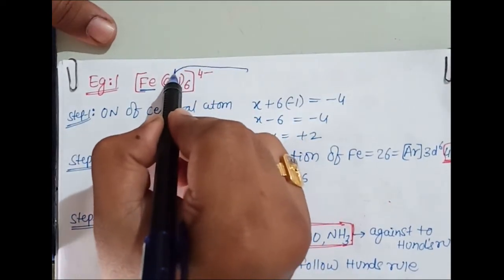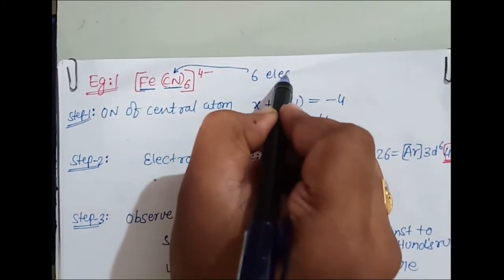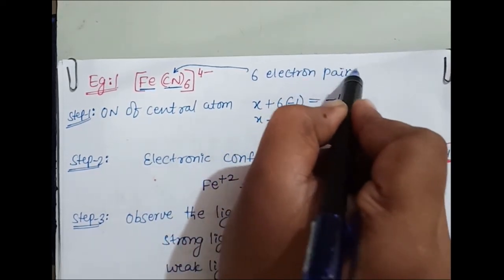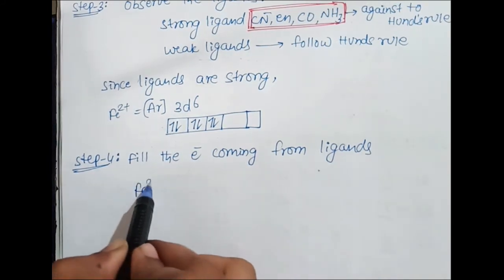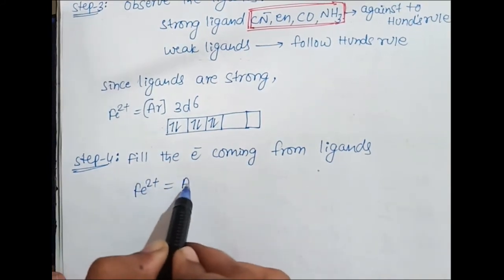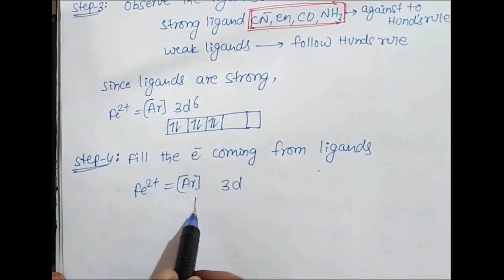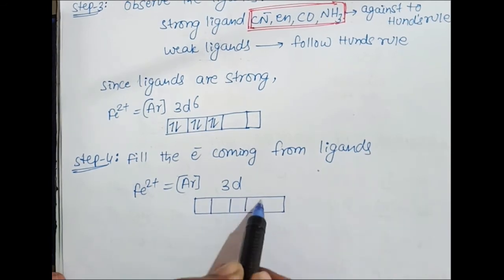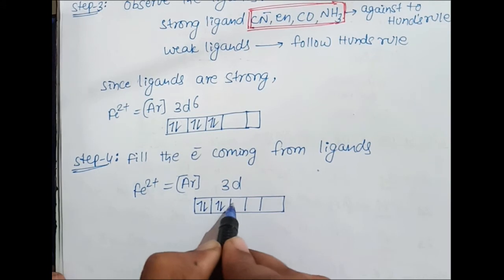So how many electron pairs will it donate? 6 electron pairs are coming from ligands. So you have to fill those in Fe2+. That is argon 3d. Here already 6 electrons are there. These are iron electrons.